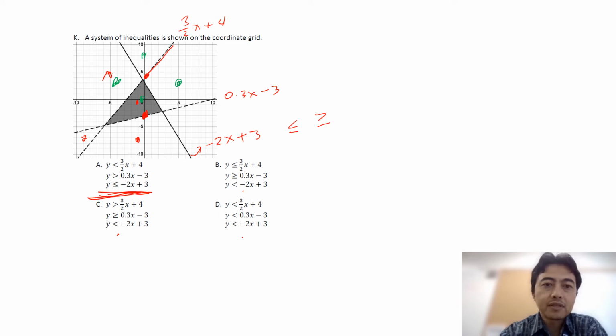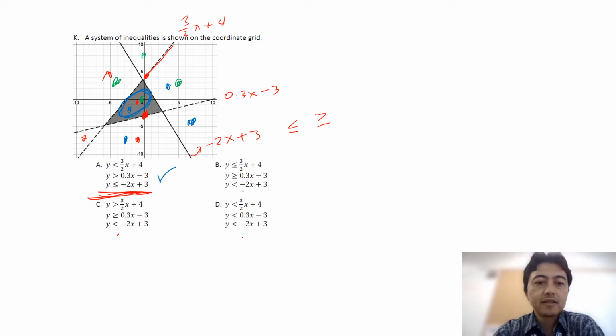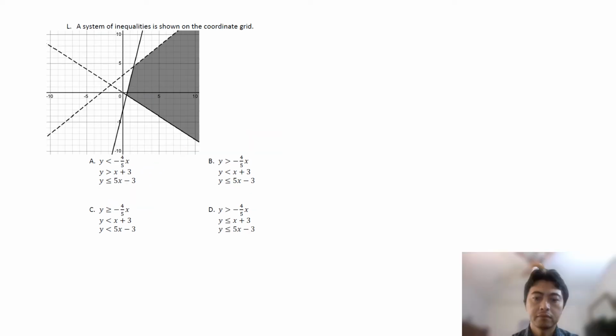And then for 3/2 x plus 4, it's less than that line. So below that line are anything I marked in blue. And looking at the graph, the shaded part is where the three of them meet, and that's what A does. So it matches what A has in its conditions.